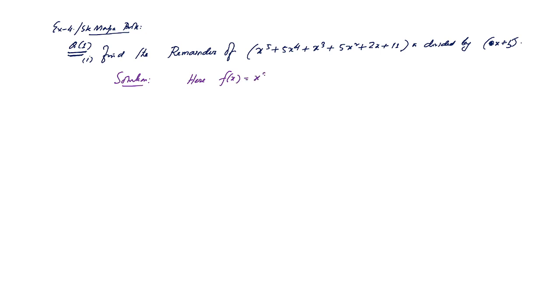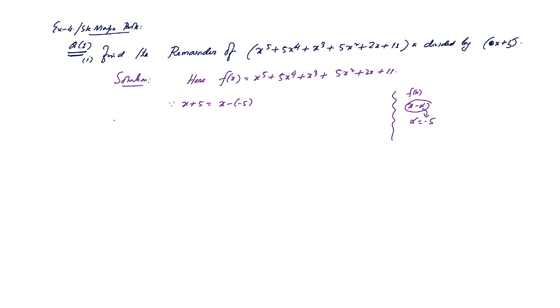Our f(x) equals x to the power 5 plus 5x to the power 4 plus x cube plus 5x square plus 2x plus 1. Now we can write x plus 5 as x minus alpha, x minus of minus 5. So here alpha equals minus 5, because if we represent it as x minus alpha, alpha will be minus 5.